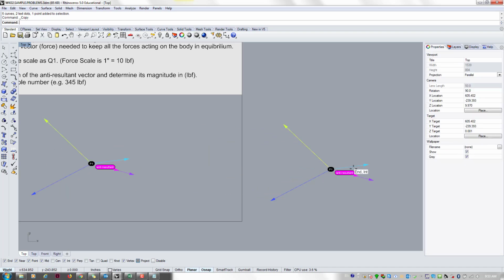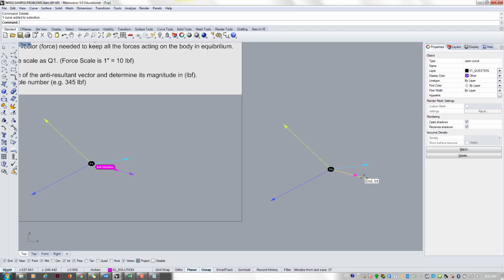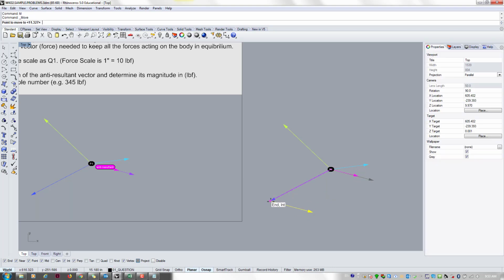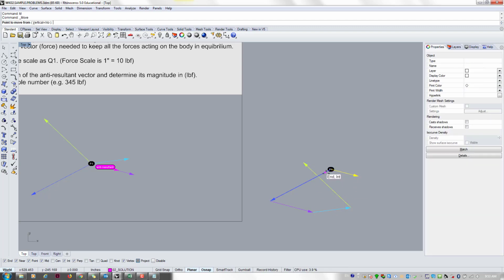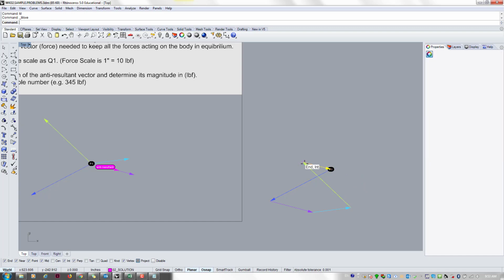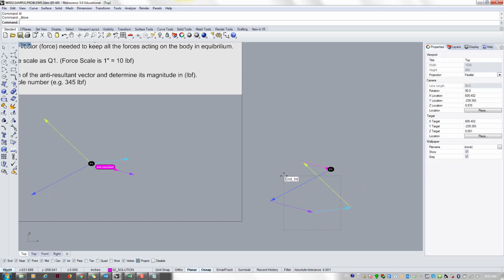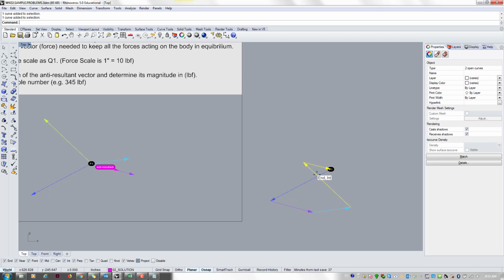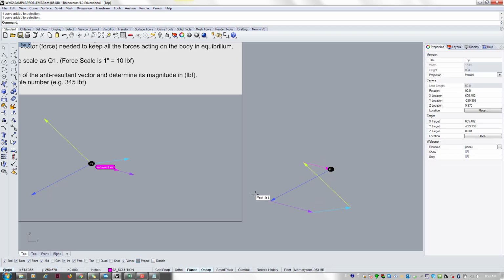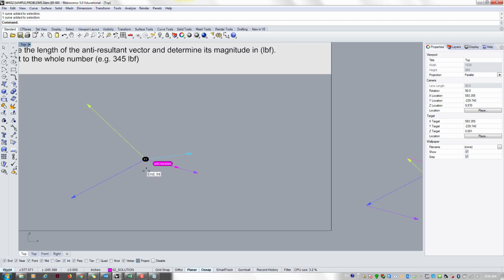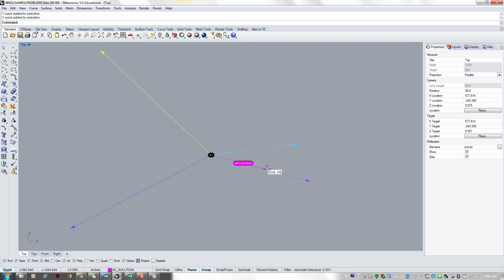If I add all of these vectors, including the anti-resultant, it's going to close the whole thing and make a closed polygon, making the sum of all these vectors 0, which means this is in equilibrium.